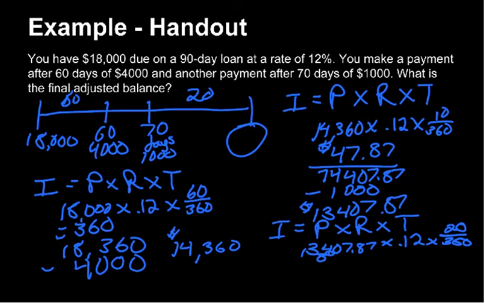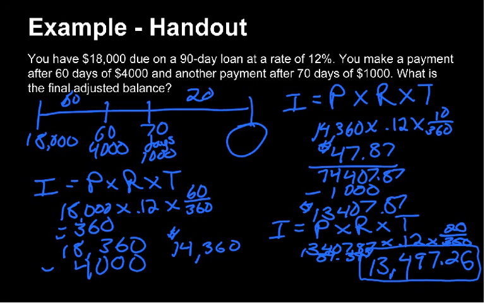And when I do that, I get $89.39, which if I add to the $13,407.87, I end up with a final adjusted balance of $13,497.26. So this one was obviously one more step, one more payment involved, but still the same process.